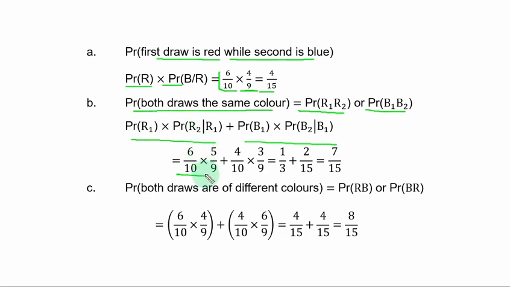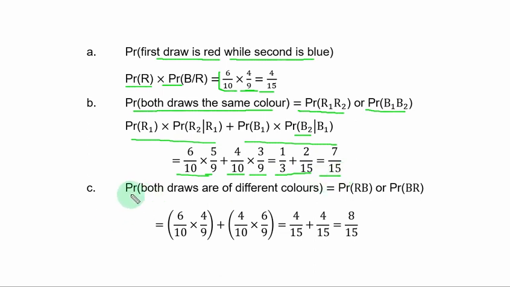You now have 5 over 9 because without replacement. Plus, you come here, the first is blue. You have 4 over 10 times. The second is blue, now 3 over 9. When you simplify, you have this result. If you find the LCM and simplify further, you have 7 over 15.